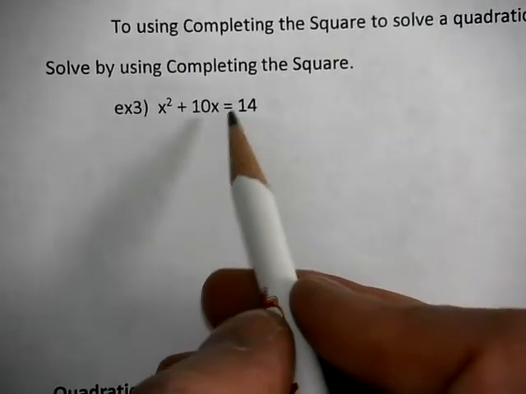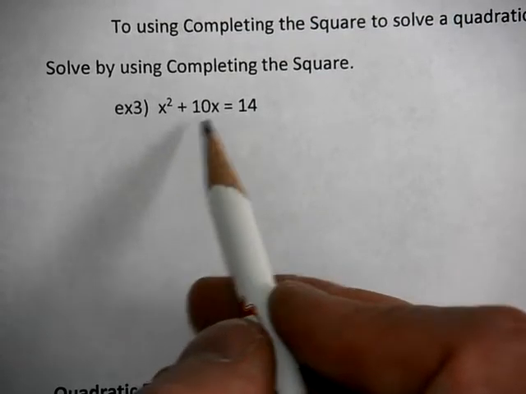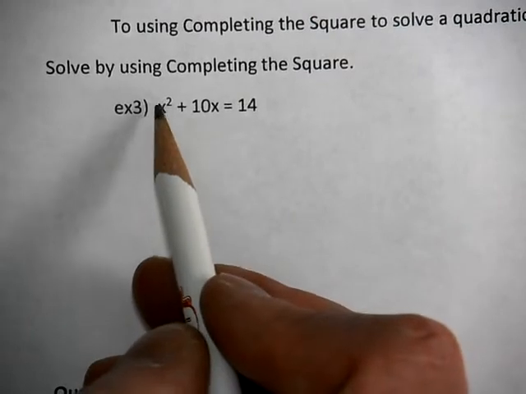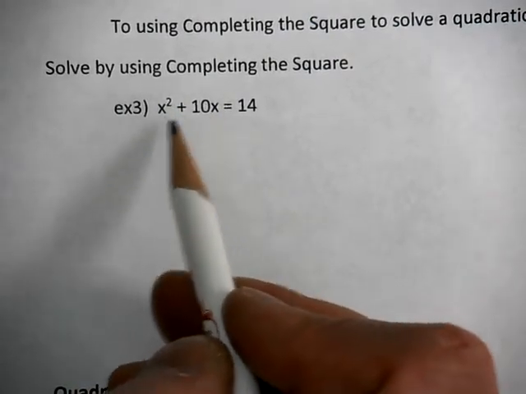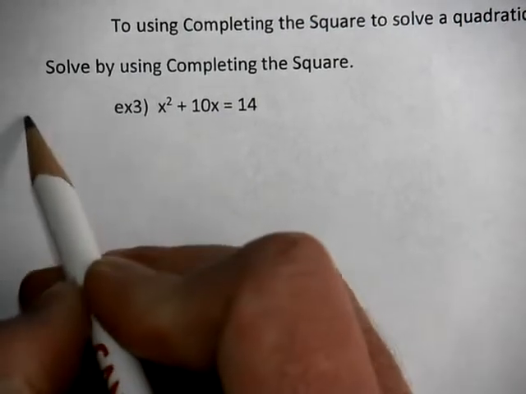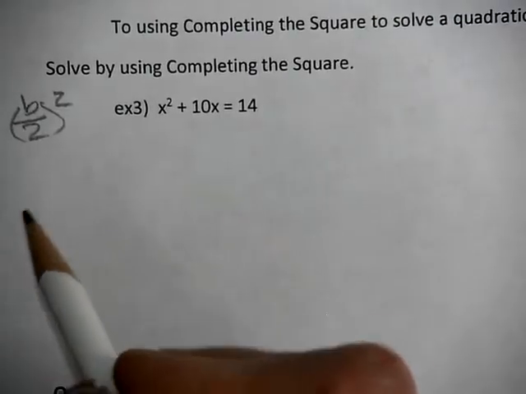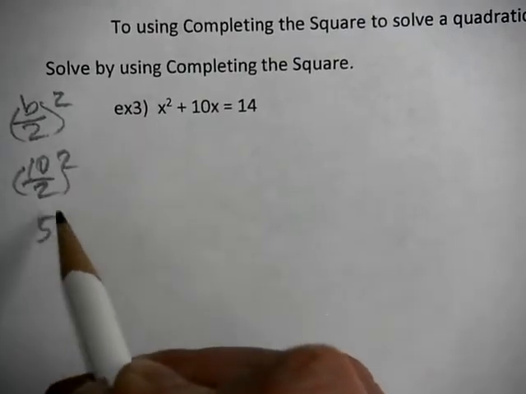So we know when completing the square, we don't want to bring the 14 back across. We actually want that 14 on the opposite side. We want the x squared term and the x term by themselves, at least isolated. So we're going to take our b divided by 2 and square it. 10 divided by 2 and square it.